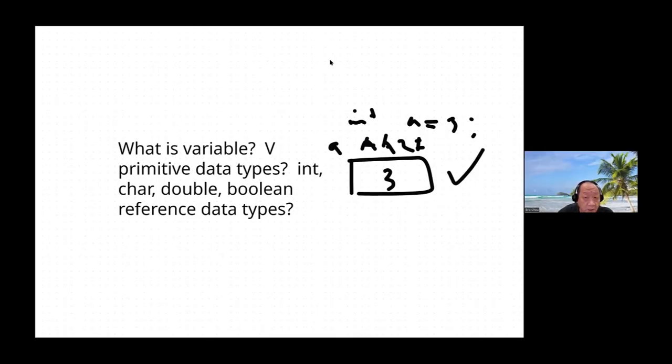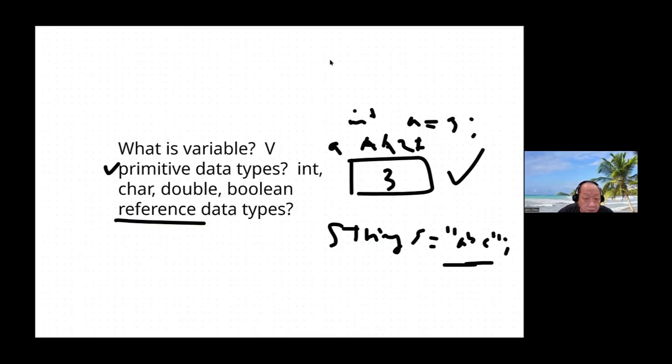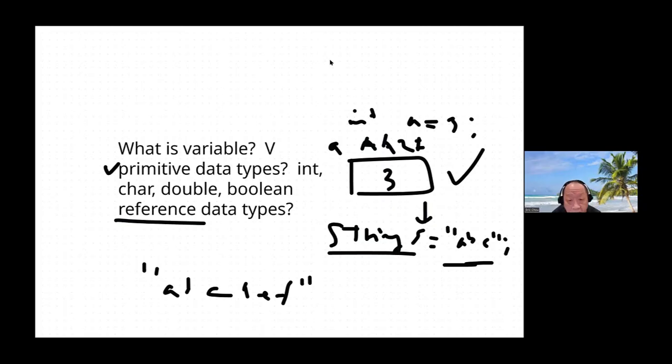Reference data type is different. Reference data type is something like String. Assume a string equals ABC. ABC has 3 letters, or sometimes your string is ABCDEF. There might be 5 or 6 letters. When you declare a string, maybe it's 3 letters, maybe 5 letters, so you don't know how much memory you need.